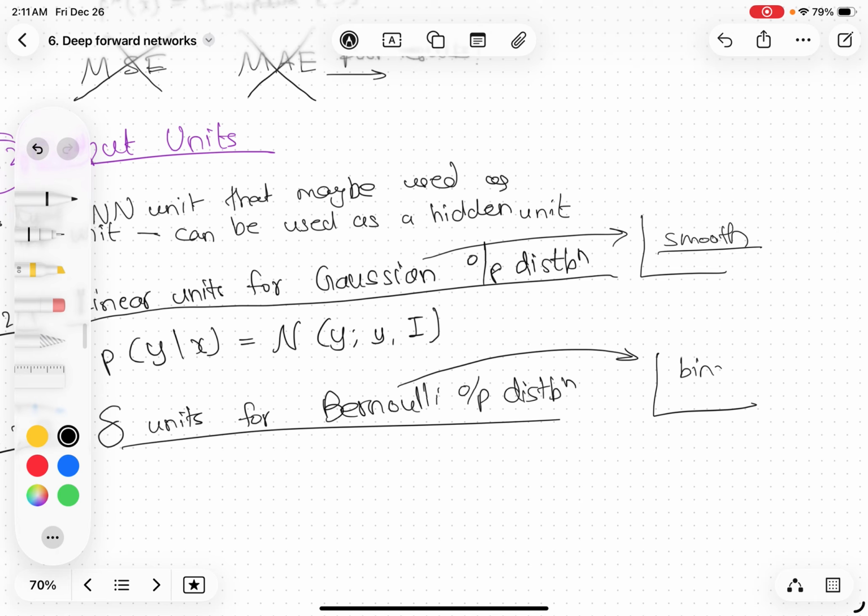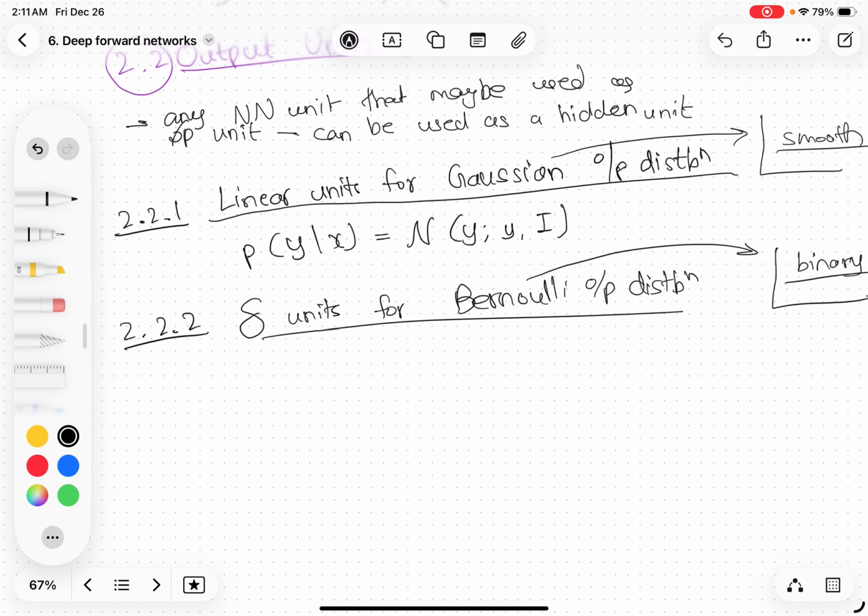So what does a sigmoid unit do? Basically, the maximum log likelihood approach is to define a Bernoulli distribution over y conditioned on x. A Bernoulli distribution is defined by just a single number. The neural net needs to predict only P of y equals 1 given x.